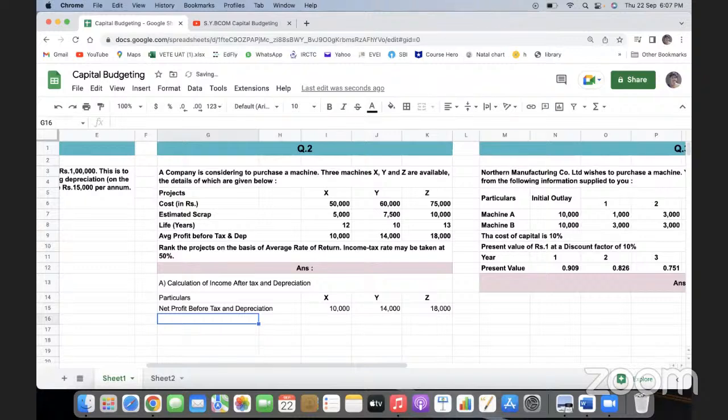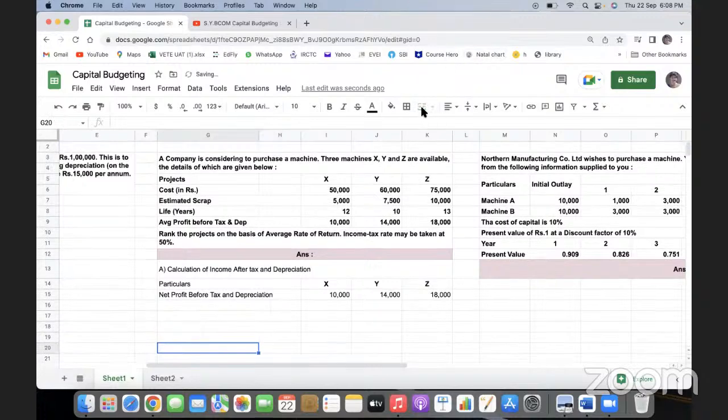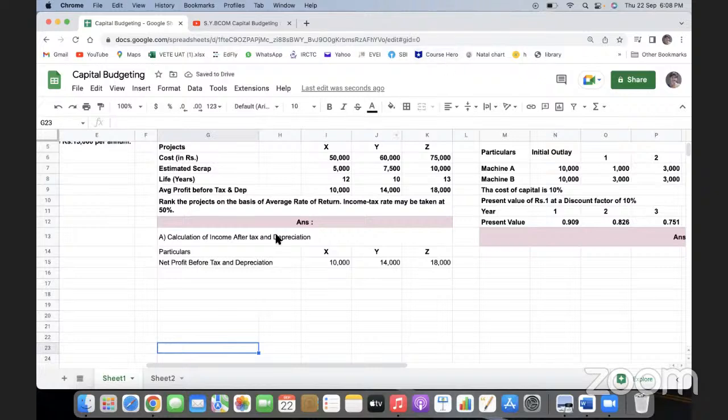If you remember the vertical statement format of the income statement, these calculations will be easier. If you don't remember it, then learn it as soon as possible because you have a paper of MA on 7th October.